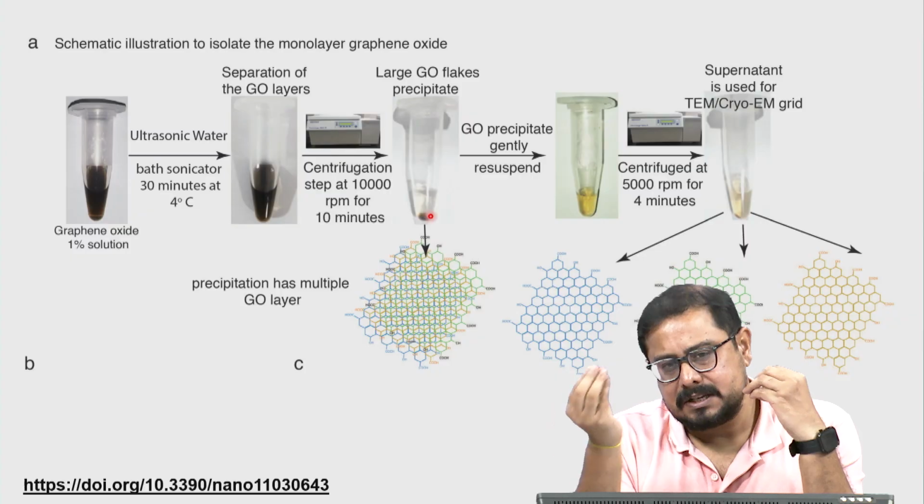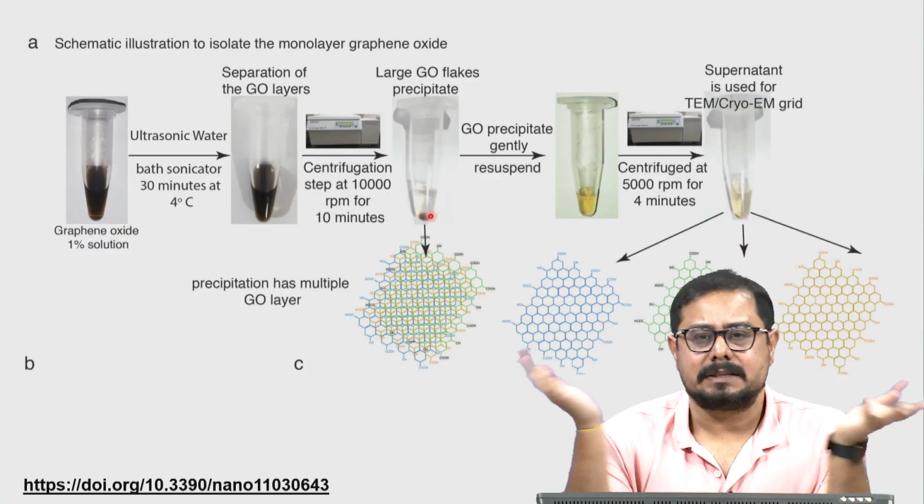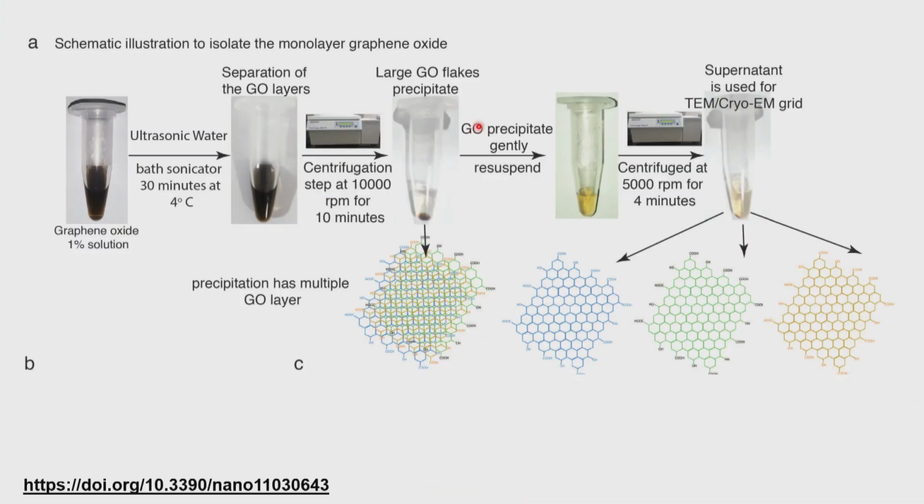If we use a mixture of ethanol and water, the separation is much better. So we resuspend, repeat this a couple of rounds, and at the end you can see a very light orange color solution, where there is a separation of different types of graphene monolayer.